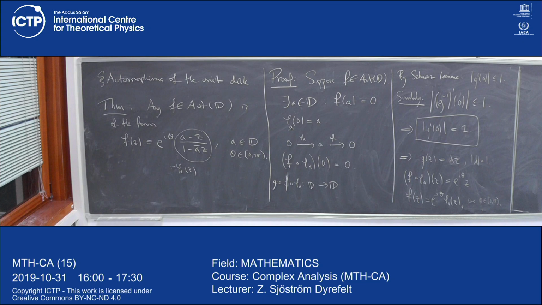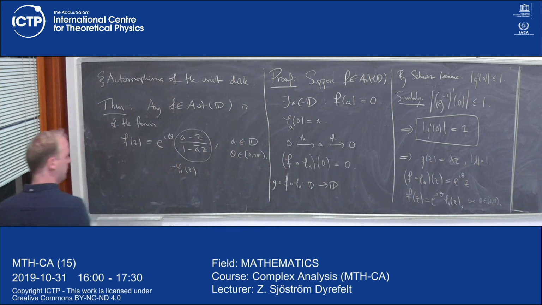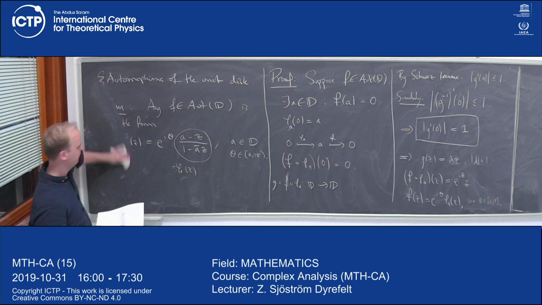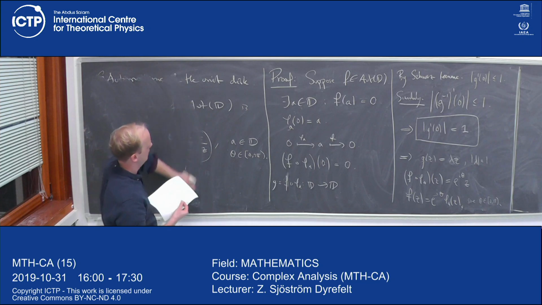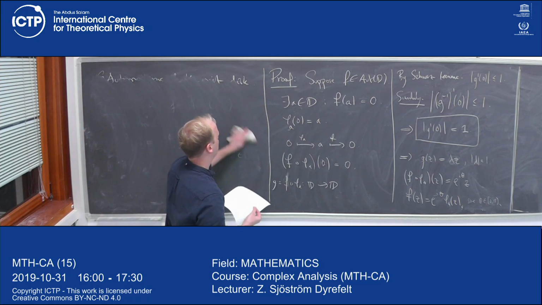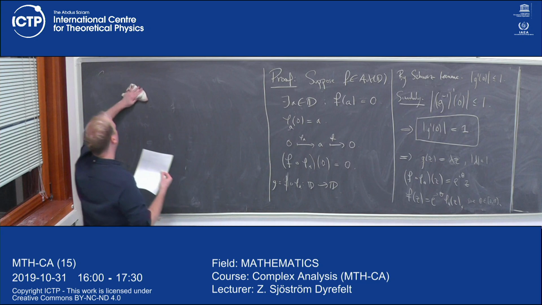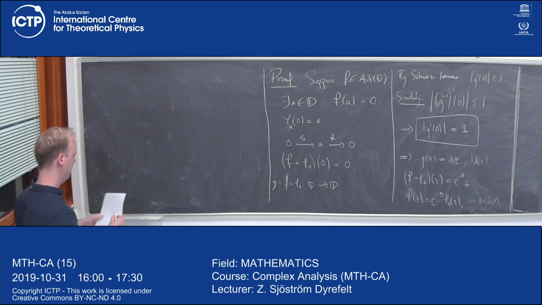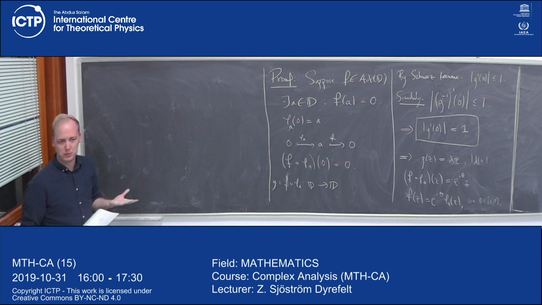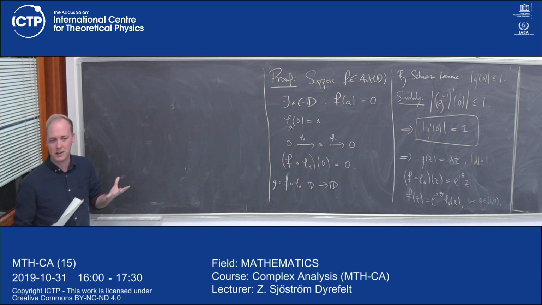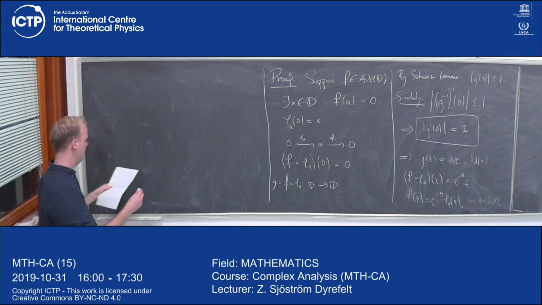Okay, some final remarks on this automorphism, unless you have questions on this proof. The final remark is that we can also do it for other domains. So we can consider an automorphism group of omega, where omega is something else that can be mapped onto the unit disk.